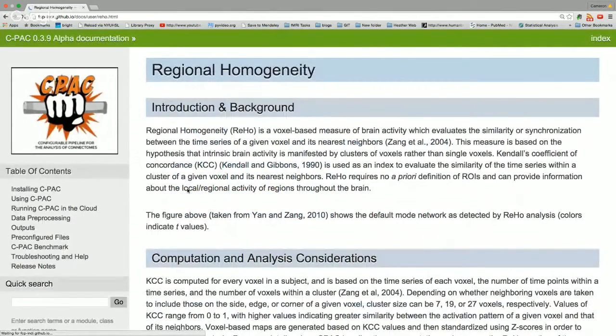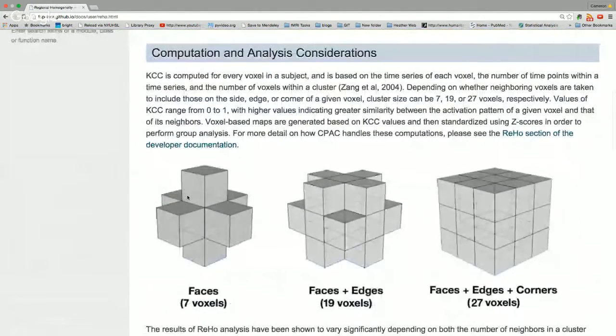So regional homogeneity, again, remember I showed you that we have these different cubes where we do the different connections, and it's essentially the correlation of that center region to the regions around it. So you can imagine that, say the brain is broken up into brain areas, right? So instead of every voxel being an independent functional unit, say that a functional unit is more the size of a 3 by 3 cube.